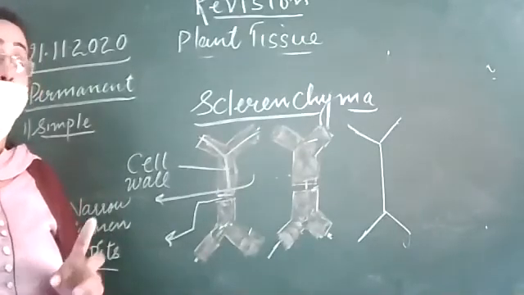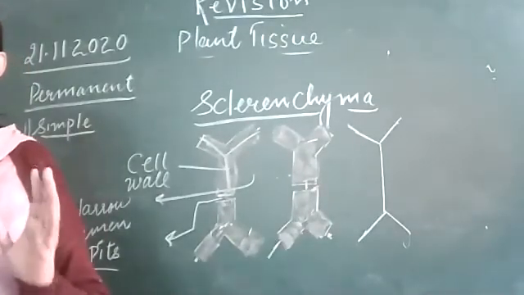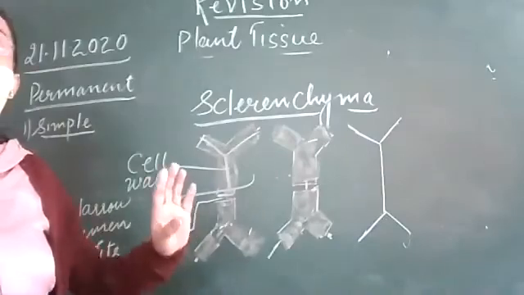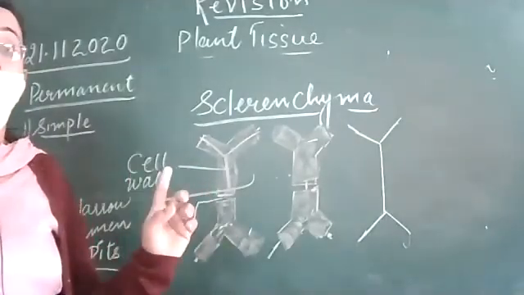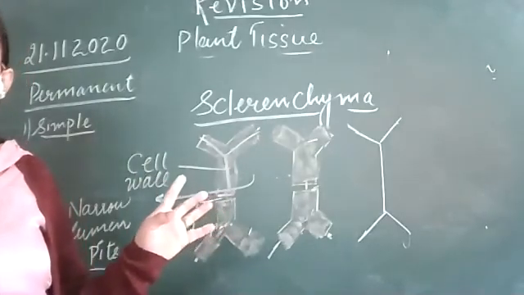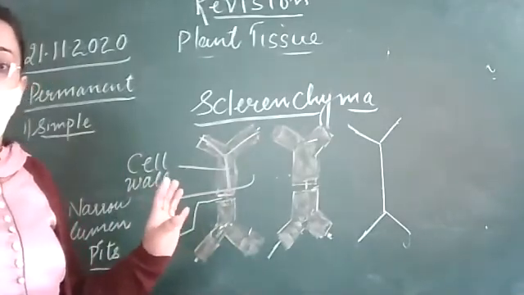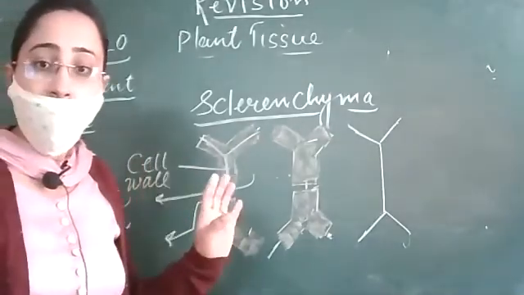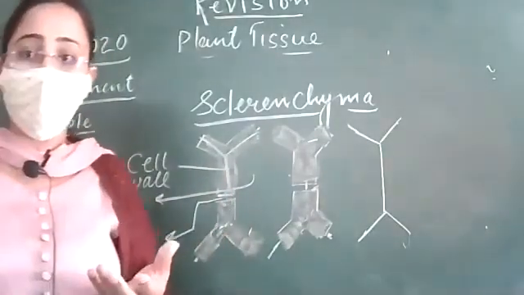Of the three tissues, the sclerenchyma cells are dead. This tissue is the dead one. So what we have revised today, now we have to start with the complex tissue. It will take merely 10 minutes in the coming lecture.